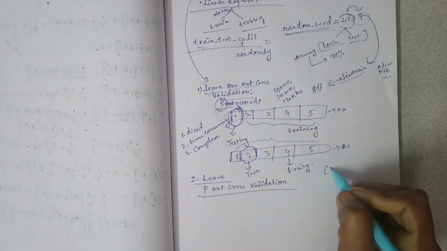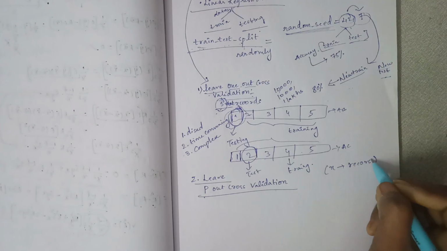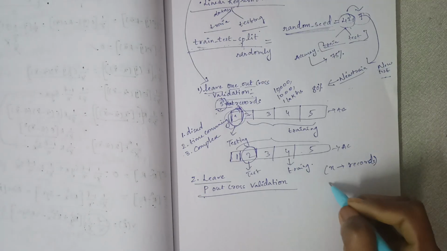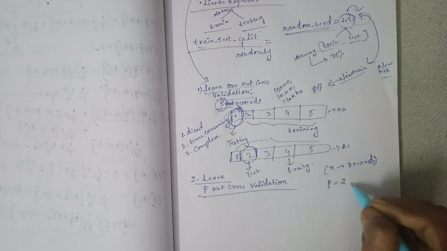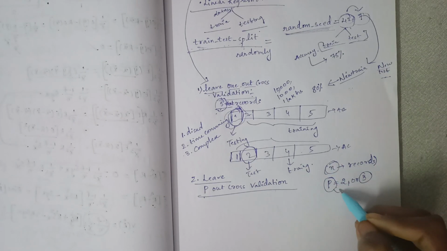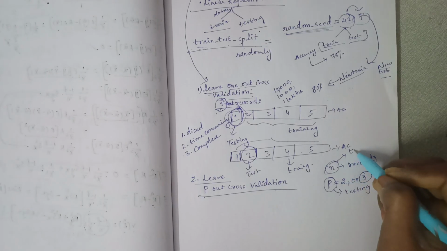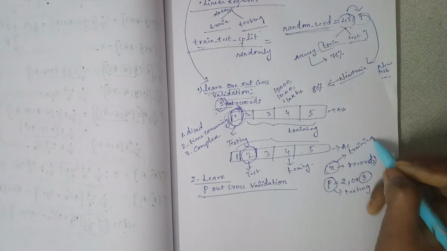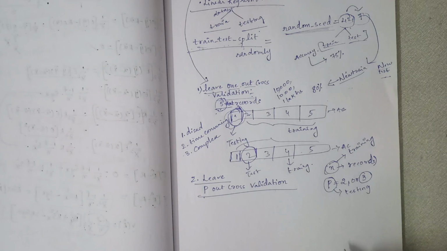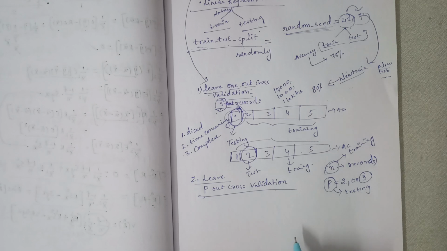For example, let us consider there are n records, and from these n records, take the P value as 2, or let us consider 3. Then these P records will be for the testing and the remaining records will be for the training. Okay, this is the leave P out cross validation.